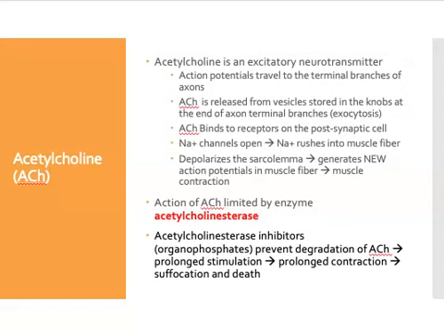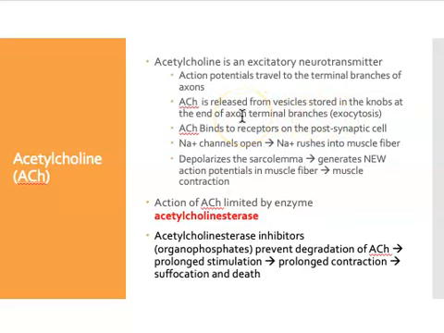Acetylcholine gets released from little vesicles that are stored in the ends of the axon, those enlarged knobs that we find at the end of axons. Remember, the axons branch out at their very end. We call those terminal branches.